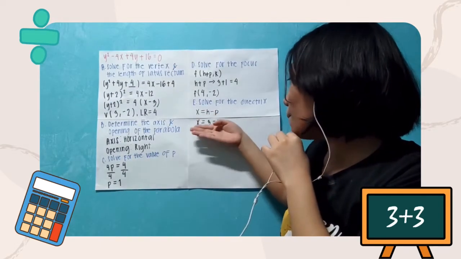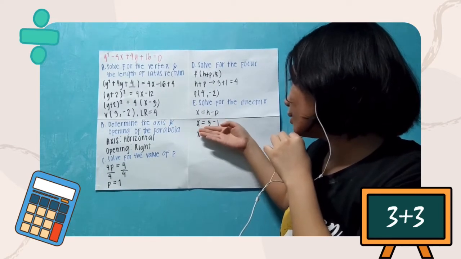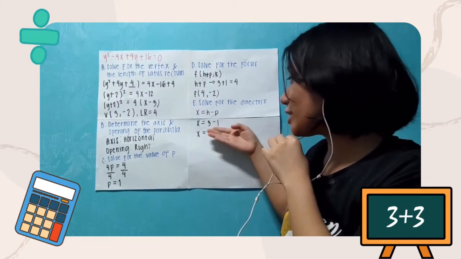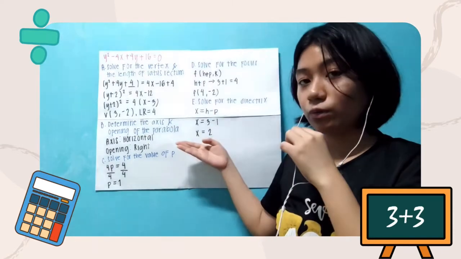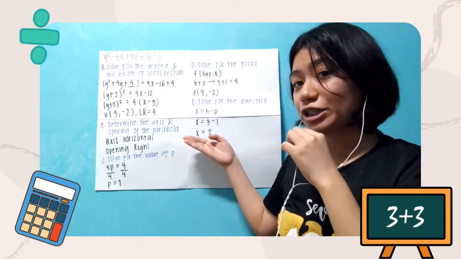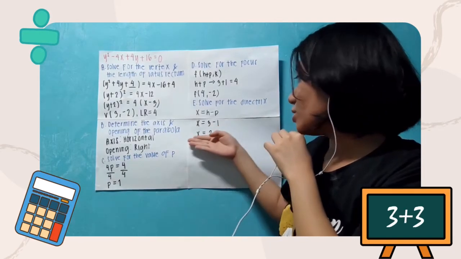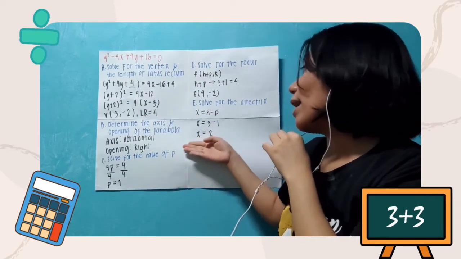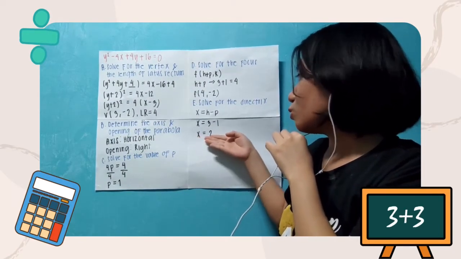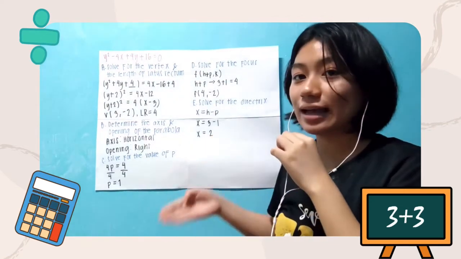So it will become x equals 3 minus 1. We just need to perform the necessary operation. So 3 minus 1 is equal to 2. So x equals 2. So 2 is the directrix.